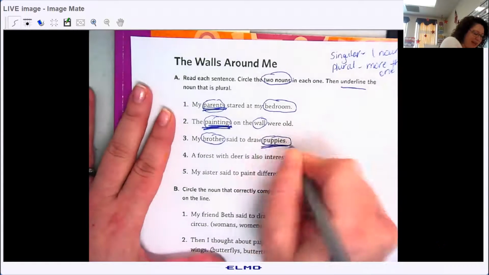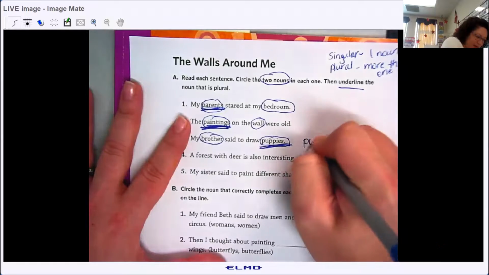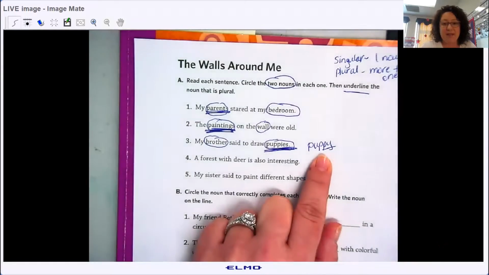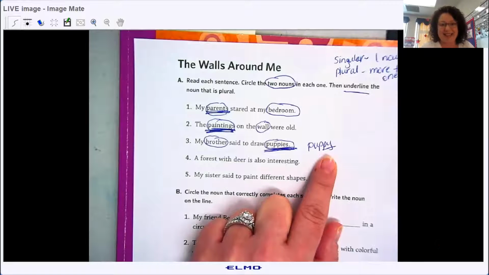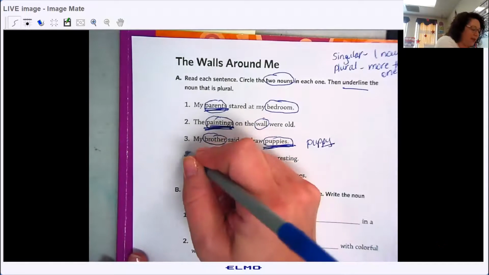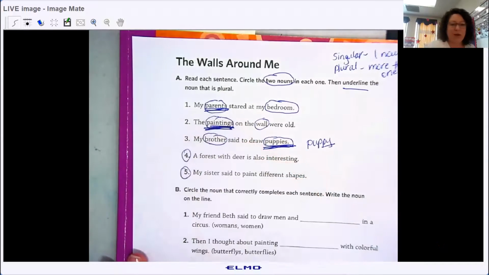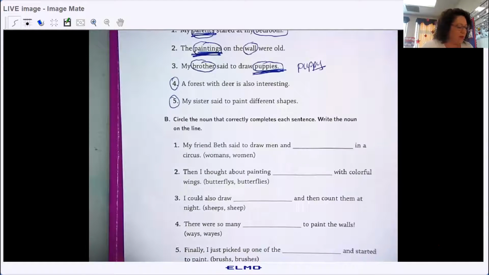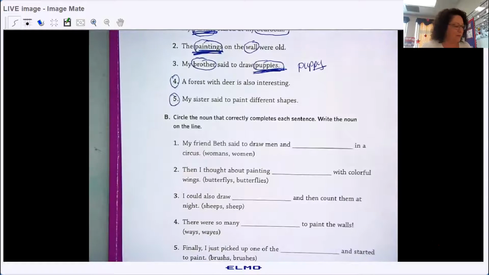Puppies, that's right, because it has an IES. Now remember that rule. It ends in a Y with a consonant in front of it. Then we change the Y to an I and add the ES. Okay, you are going to complete 4 and 5. And then we'll do a couple at the bottom.